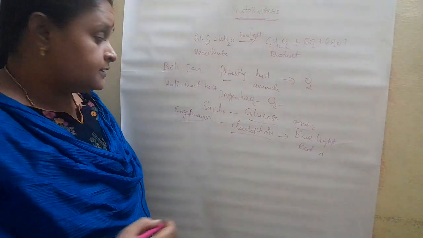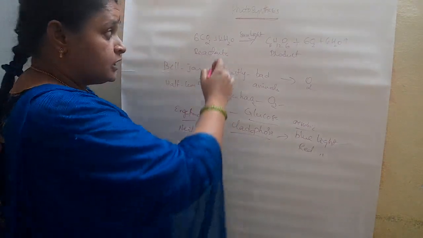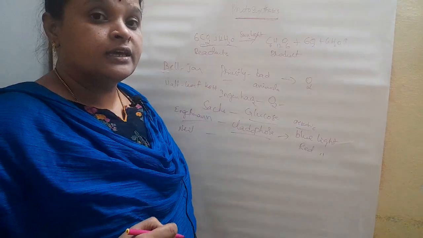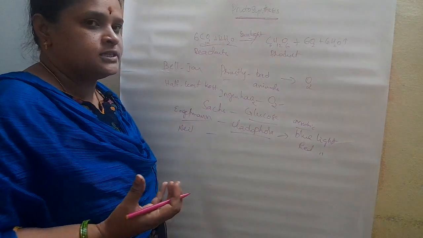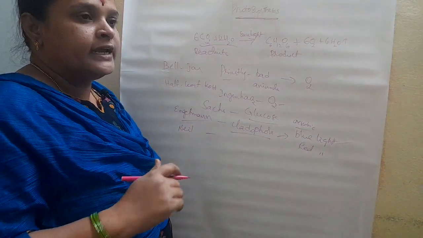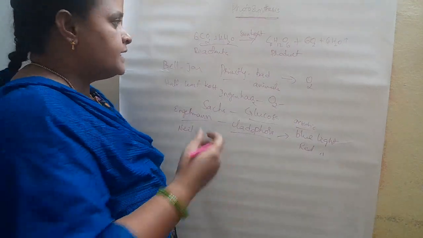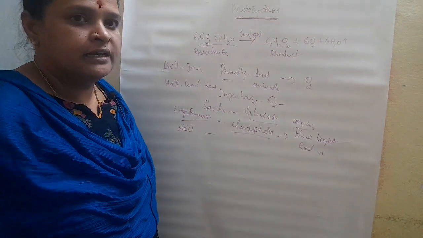Okay, and next, the scientist Van Niel gave the equation and definition of photosynthesis. That means in the presence of a suitable oxidizable compound, carbon dioxide is reduced into glucose. That is said by Van Niel.